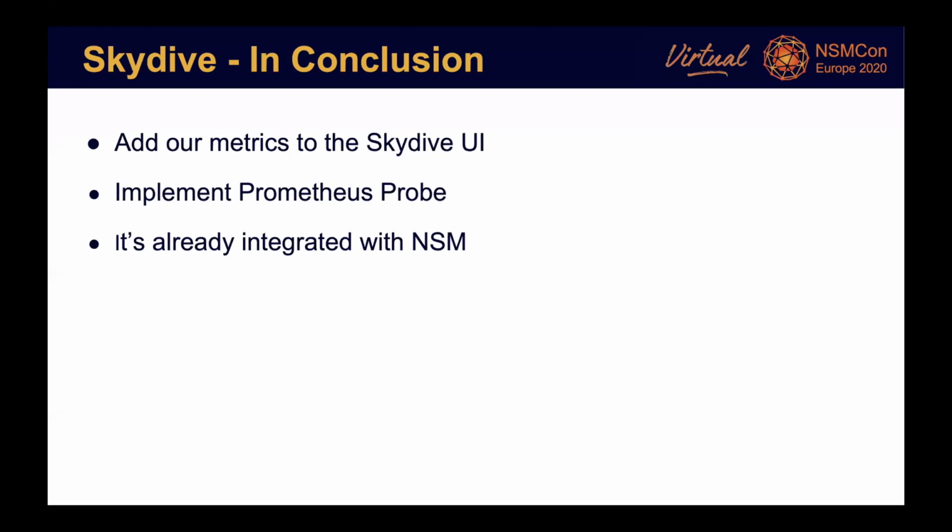One is to add our metrics that we have, different from the metrics of the network interface, our vector representation, to the Skydive UI, or we can implement a separate Prometheus probe that takes all the data directly from Prometheus, represents the network topology, and shows all the data.